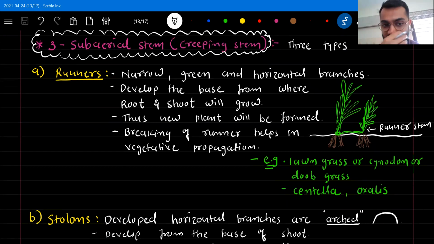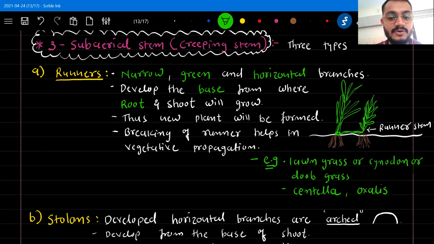Now in the runner, narrow, green, horizontal branches develop. They also develop a base, and from that base the root and the shoot grow. Here you can see this narrow basal portion; from here the root is developed and the shoot is also developed.